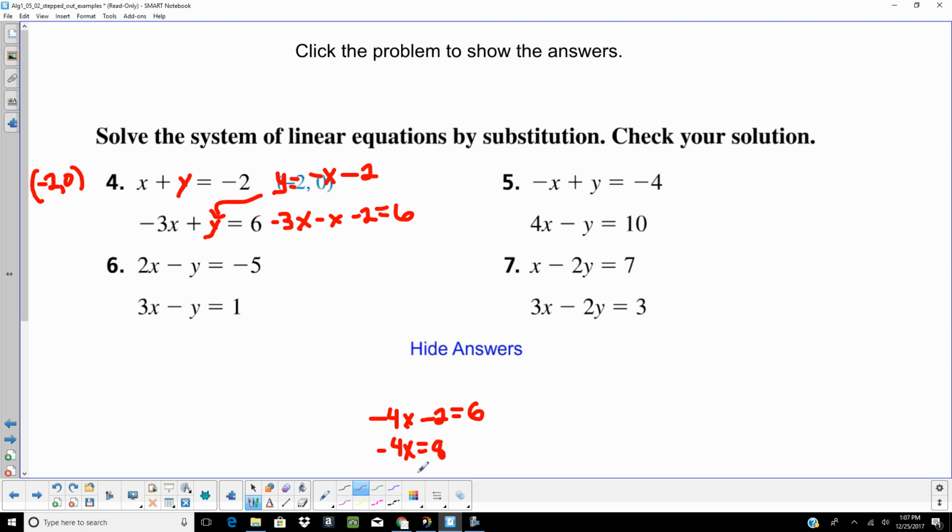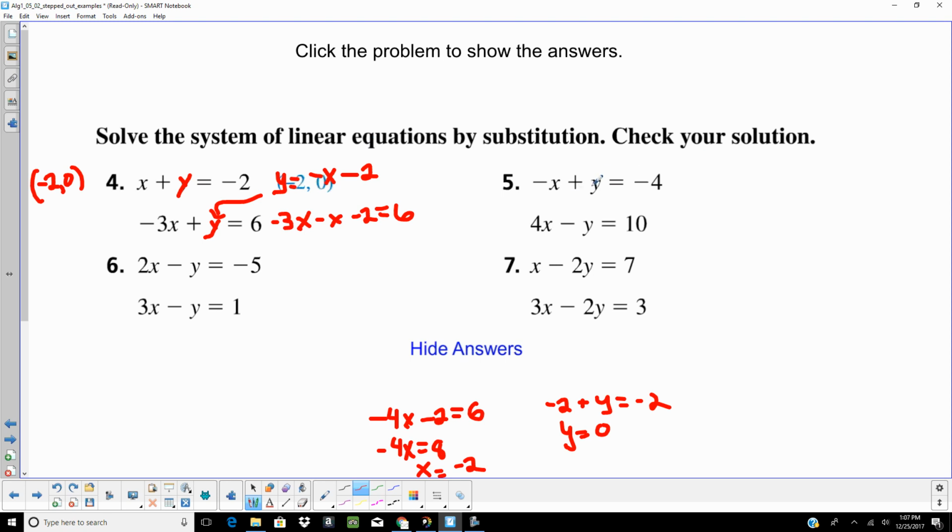Divide by -4. X equals -2. Then I plug that back into the first equation. -2 plus y equals -2. Y equals 0. That's where that -2, 0 comes from.